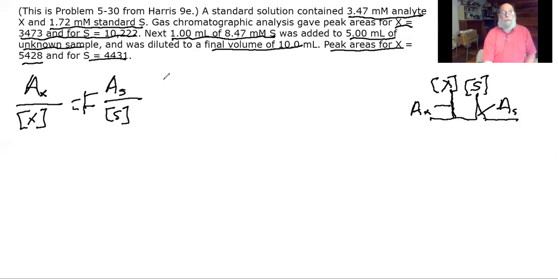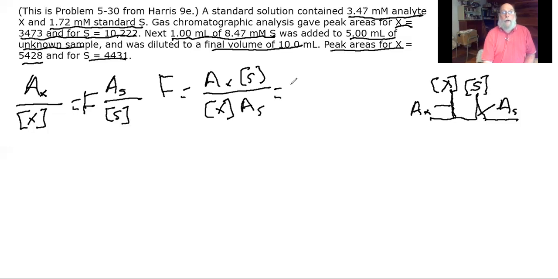So first of all, let's plug in our numbers. Let's go ahead and rearrange it to solve for our factor here. So F is going to be, we just cross multiply, area of X times standard concentration divided by analyte concentration times the area of the standard.